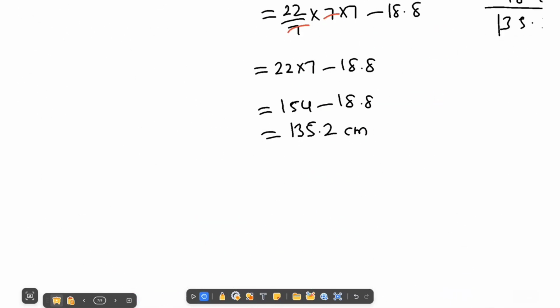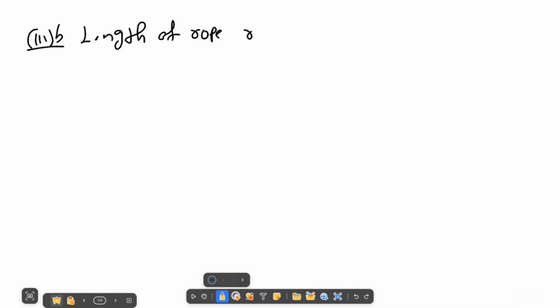So the third B question: length of rope required to put around unshaded regions.